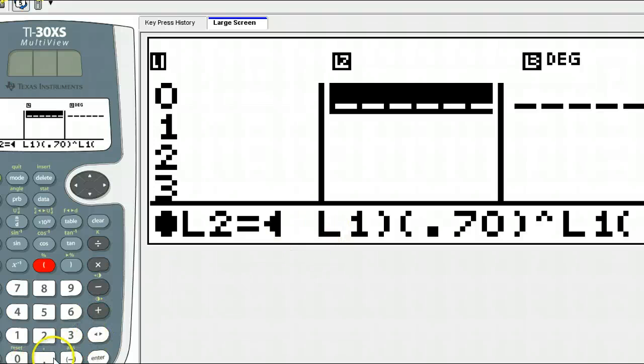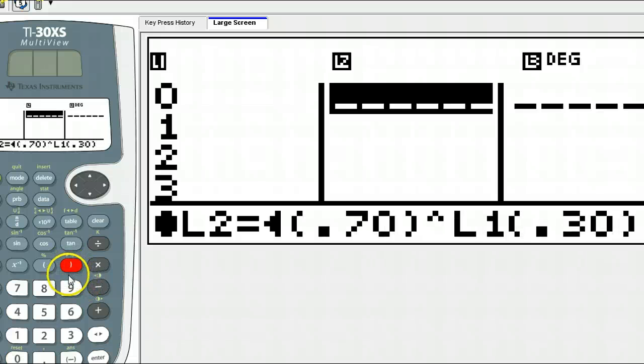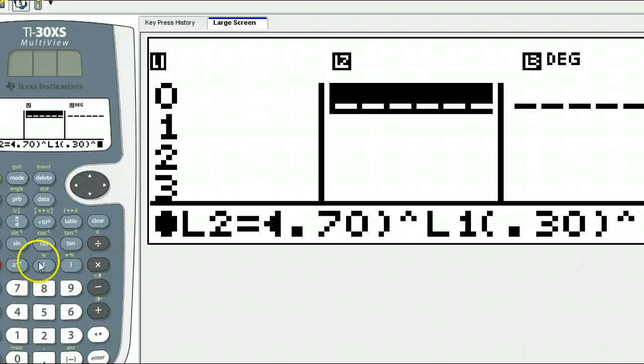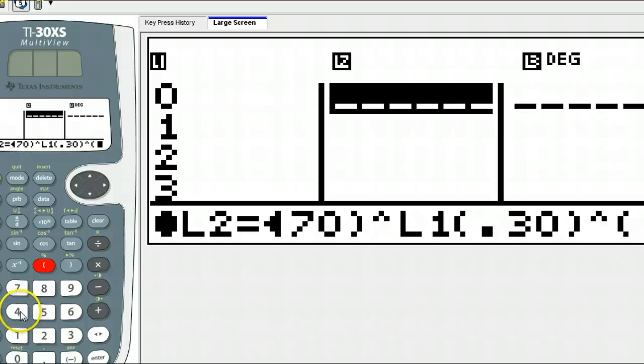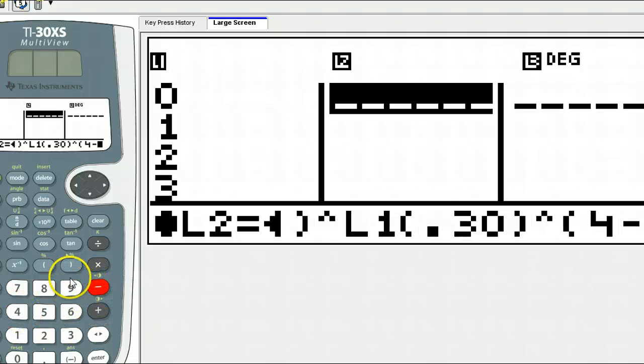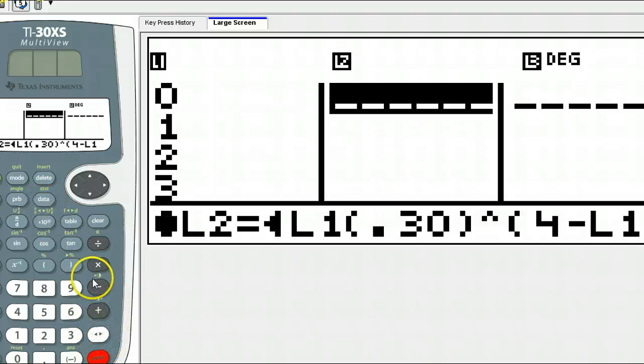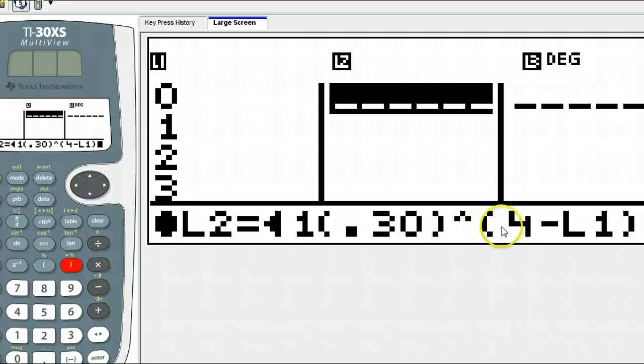Alright, the probability of failure is 30%. Okay, and that's going to be to a power of the total, which in this case is 4, minus, again, whatever you have in list 1. Please make sure that this 4 minus L1 is in parentheses, or else it won't work.